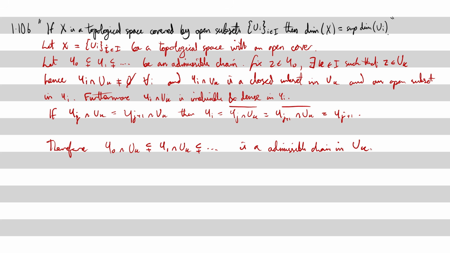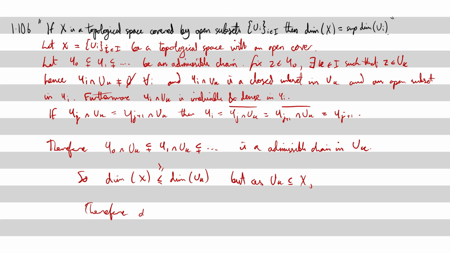And so the dimension of X is less than or equal to the dimension of UK, because for any admissible chain in X, we can construct an admissible chain in UK, but as UK is a subset of X, the opposite inequality holds.